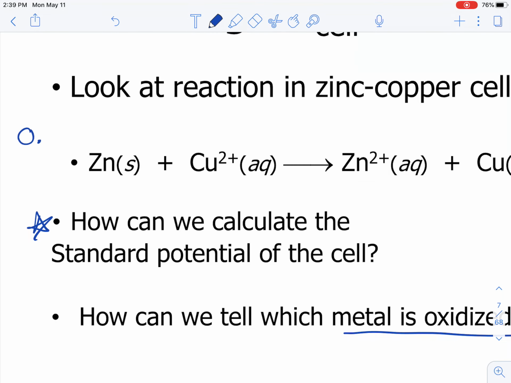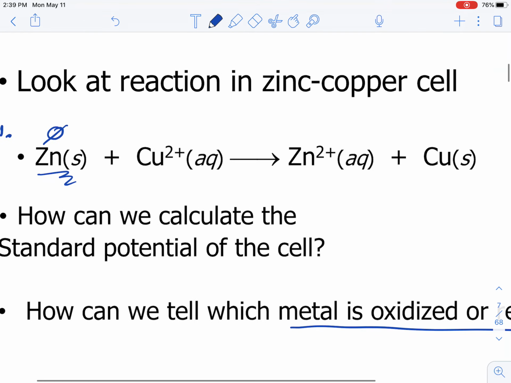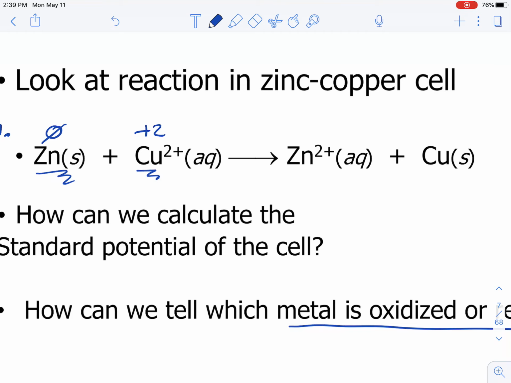So I typically abbreviate oxidation number as ON. Anything that's solid in pure form, its oxidation number is going to be 0. If you have an ion on its own, its charge is going to become its oxidation number. So this is +2. There is actually a really huge difference in terms of notation.